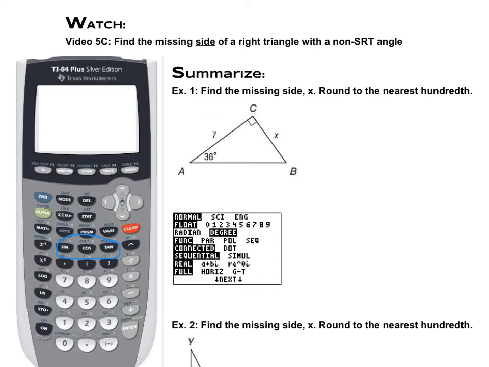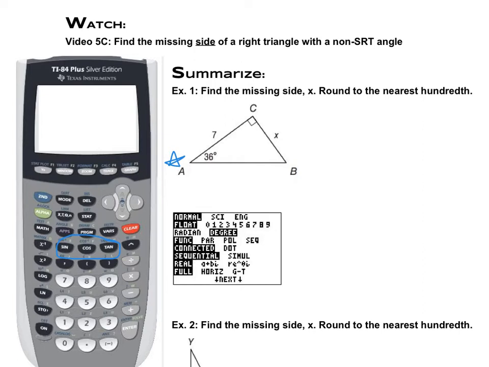Just like we did on our worksheet where we identified the ratio depending on where we were sitting in the triangle, we're going to sit ourselves right here at angle A, and we're going to label the two sides that are given. Whether it's a variable or a given value, it doesn't matter. We're going to label those two sides by where they are in relation to this angle A.